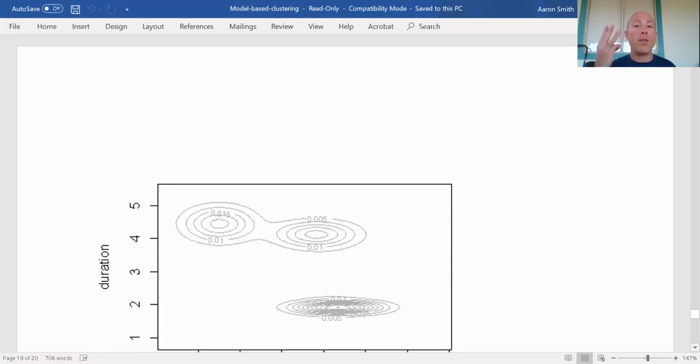You'll notice that there's only 3 that are plotted. What's happening is that the one that's here has so much variance that the height is below the threshold for plotting, and that's why it's not appearing. There's 1, 2, 3. There's actually a 4th one here, but its peak is below 0.005 because it's such a spread out distribution.